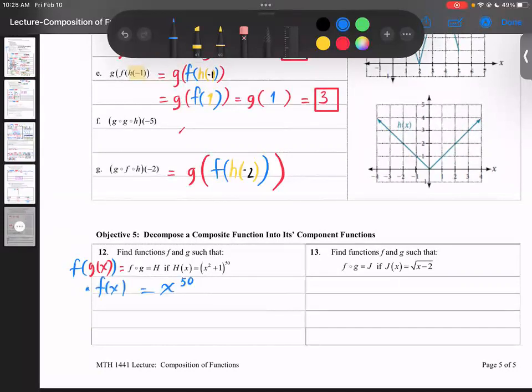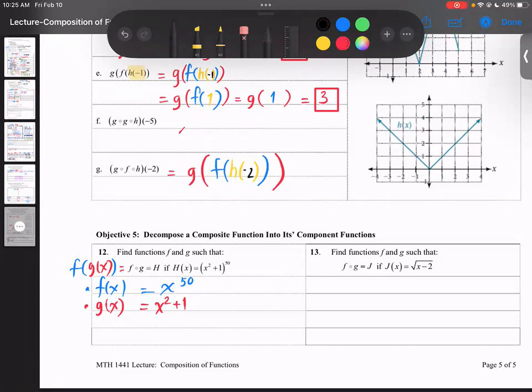I'm going to let g equal, well, what should g be when I plug it in? It's going to be blob to the 50. X squared plus 1, right? Does that make sense to you? When you plug g into f, blob to the 50, and that blob is the red one, which is h of x. So it's easy to do the outside function first.